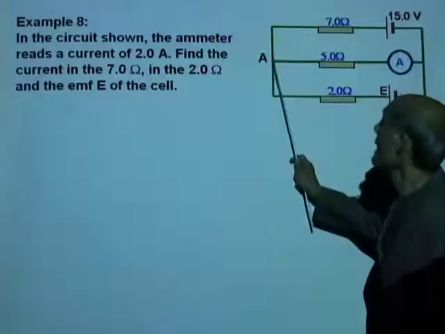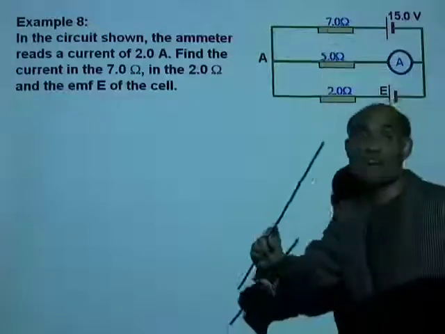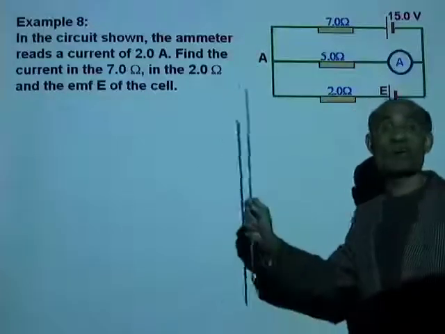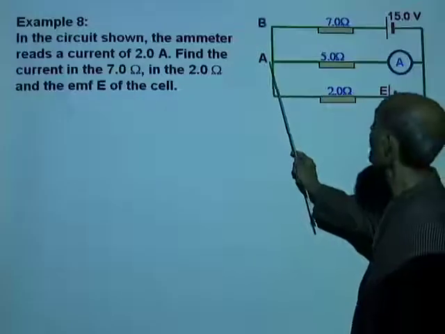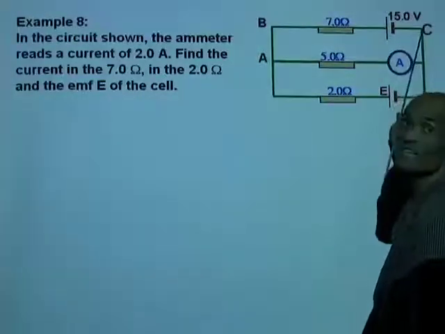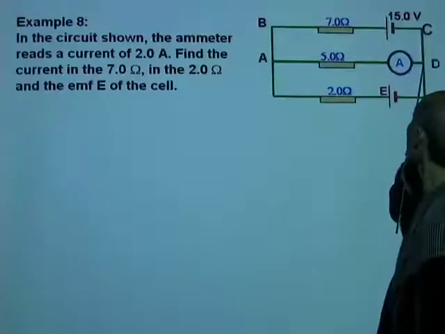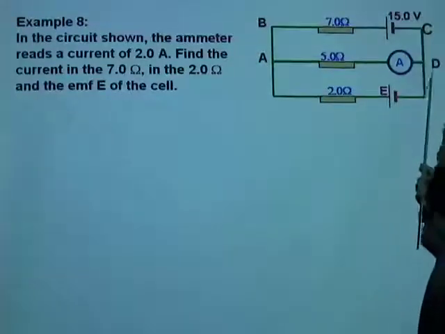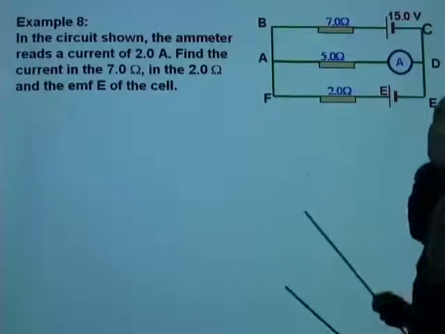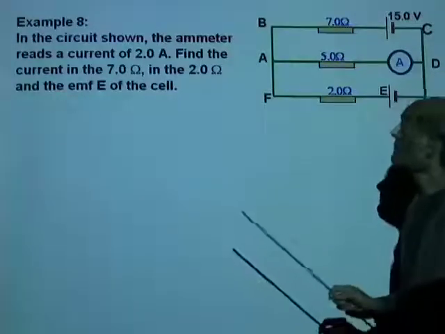So we start by naming the points so that we can choose our loop either clockwise or counterclockwise. This is point A, this is point B, this is point C, point D, I don't think you can see that, point E, point F. Okay.